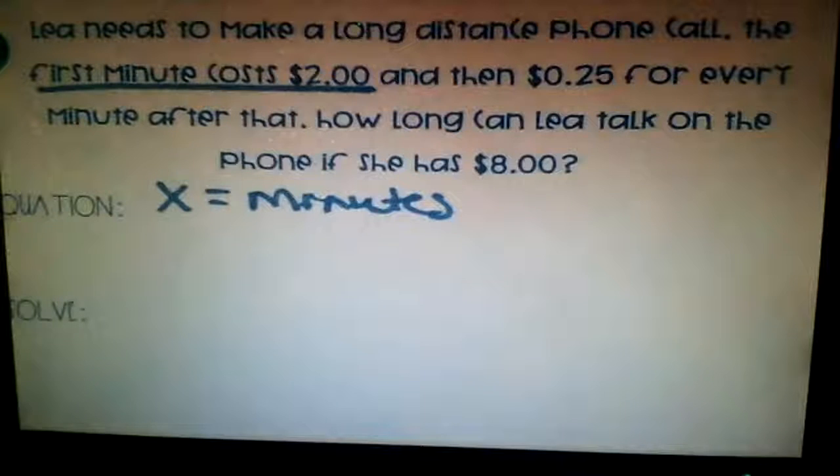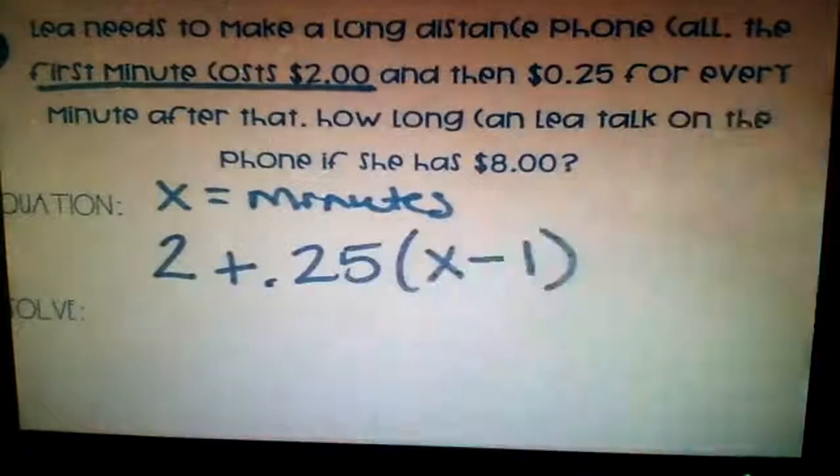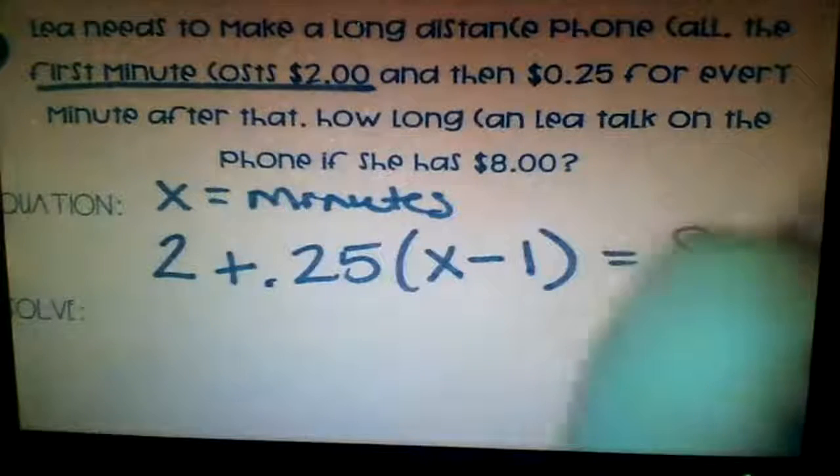Okay, we know that she wants to talk and only spend $8. So your final equation then is this: 2 plus 25 cents for every minute after that equals 8.